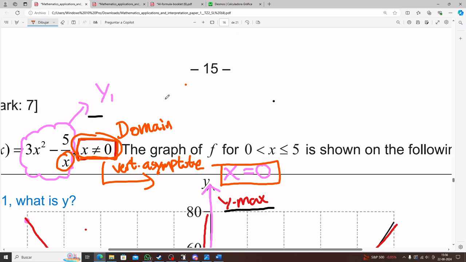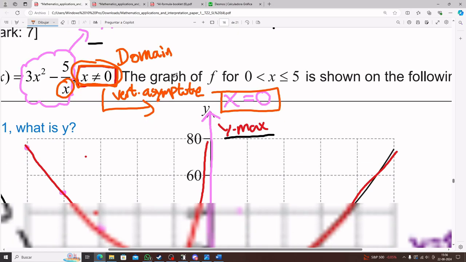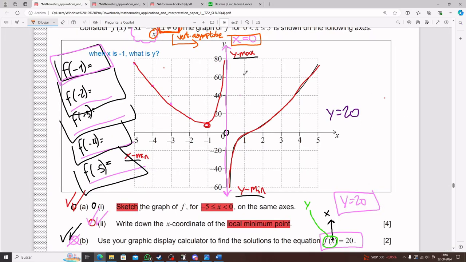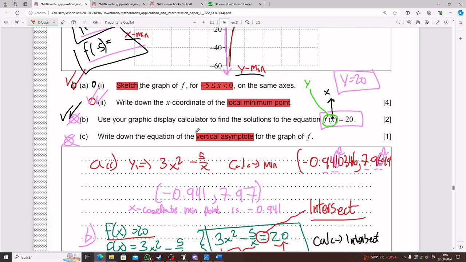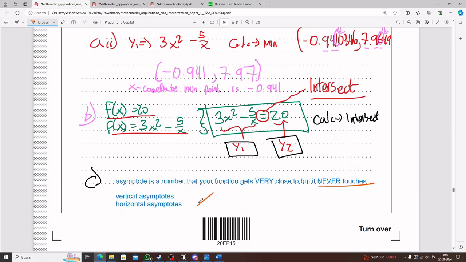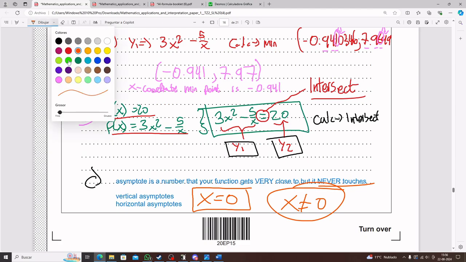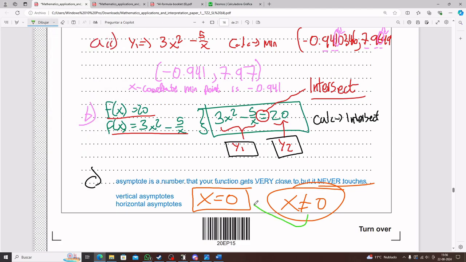Because the asymptote is the number that you get very close to, but you will never ever touch, okay? So fairly simple, the equation of the vertical asymptote is x equals 0, see? A very common mistake is that people say the equation is x does not equal 0. Nuh-uh, it's not exactly like that. Because x cannot equal 0, your vertical asymptote is x equals 0.